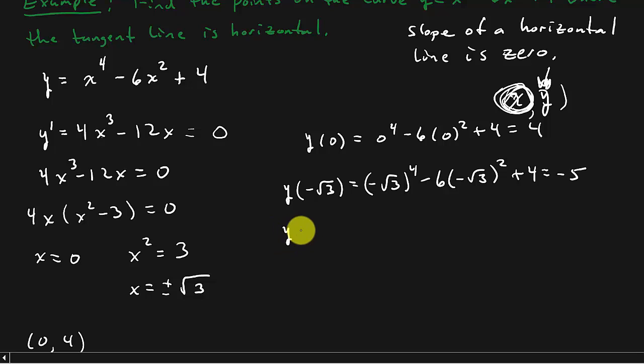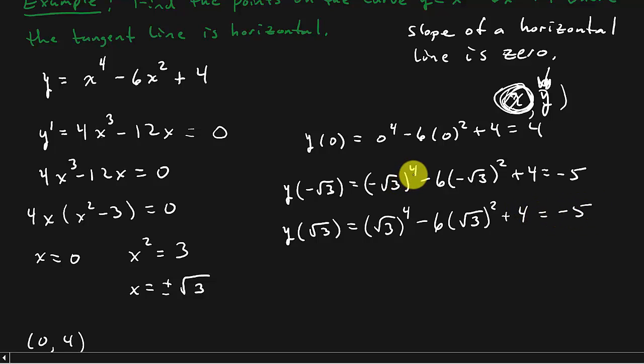And look, I could do the positive one, but I don't need to, because I know it's the same thing as when I plugged in negative square root of 3. I know that's negative 5 because I'm raising it to the 4th and squared, so regardless of whether it's negative or positive, it's going to be the same thing, because a negative to the 4th and a negative squared is positive.